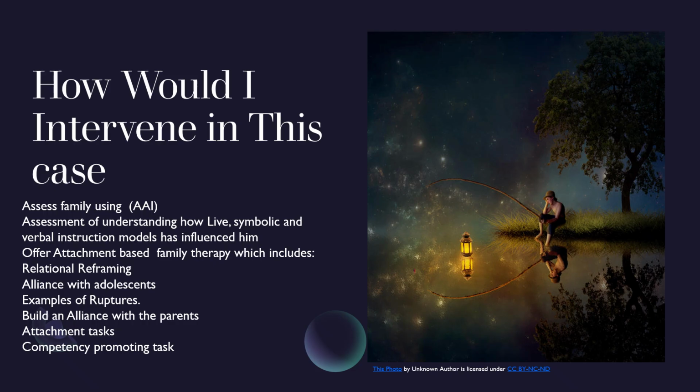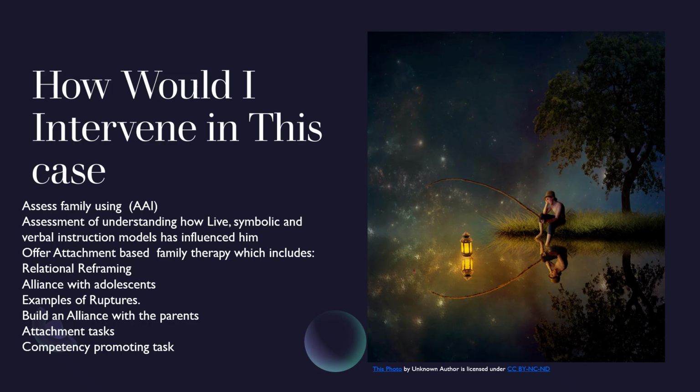ABFT is organized around five core treatment tasks designed to help families address relational ruptures and reach therapeutic goals effectively. One of the primary aims is to shift the family's belief that the adolescent is the problem, and instead foster a collaborative approach in which the family works together towards healing.